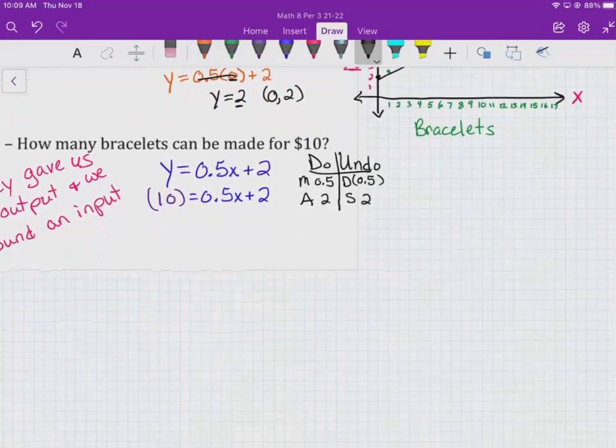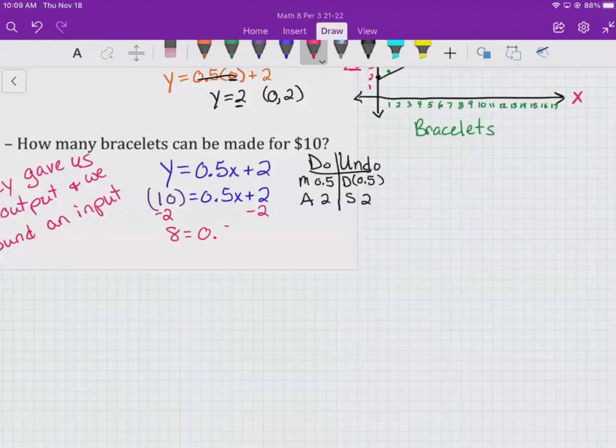We subtract 2 first, which gives us 8. And then we're going to divide both sides by half, which, if you think about half, means you're actually multiplying by 2. So x equals 16 bracelets. Make sure you have a label.